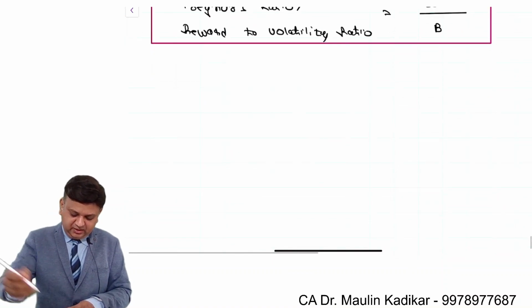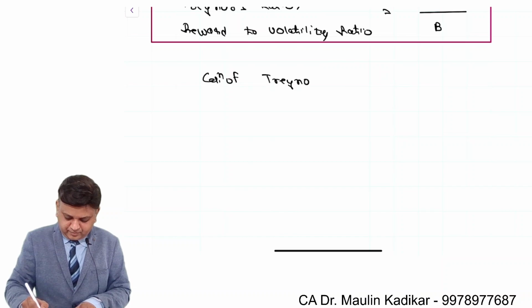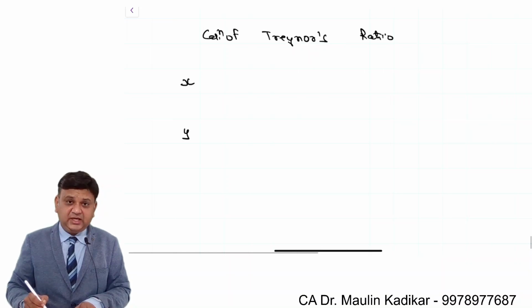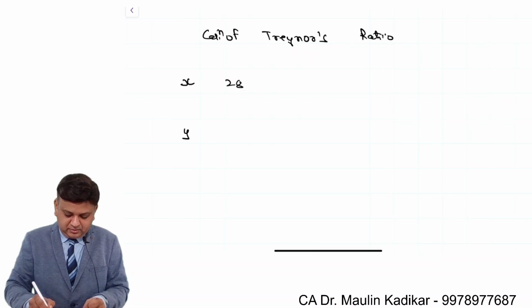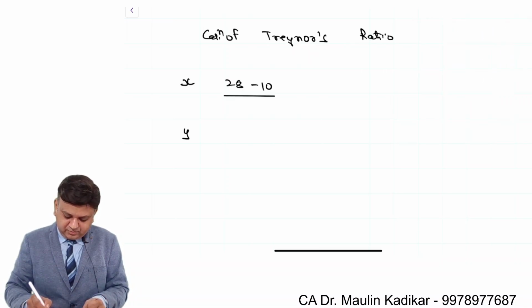So I'm just writing the heading: calculation of Treynor's ratio for X and Y. For X it is 28 minus 10 divided by 1.4.